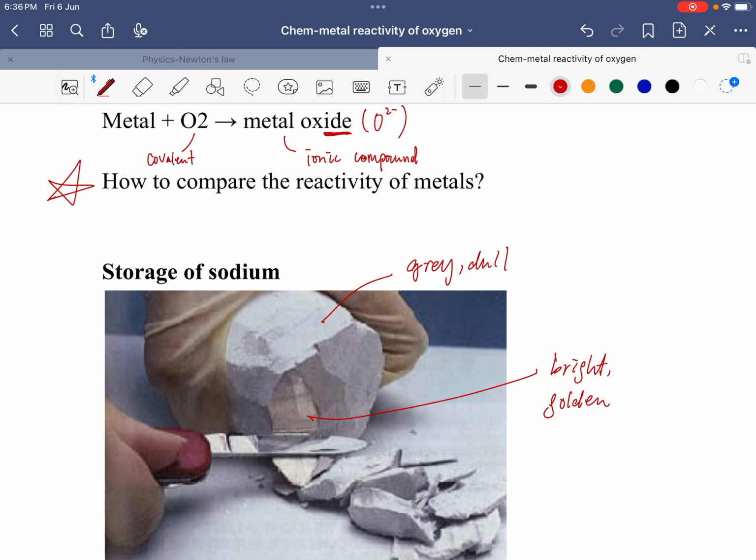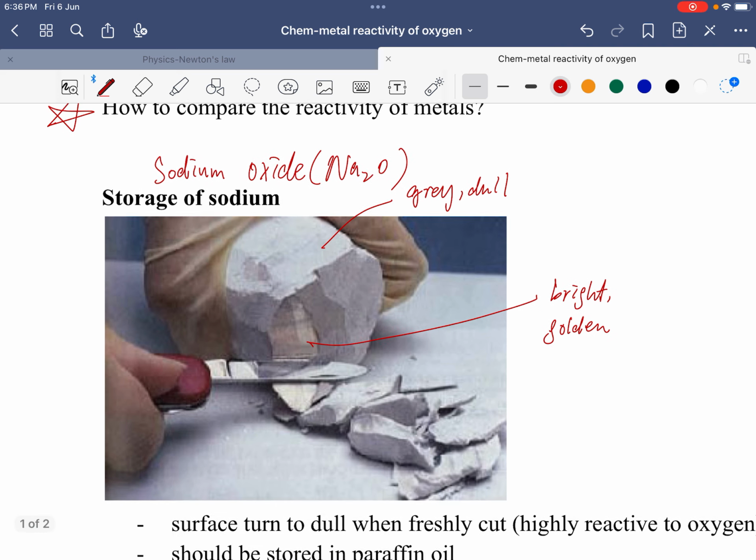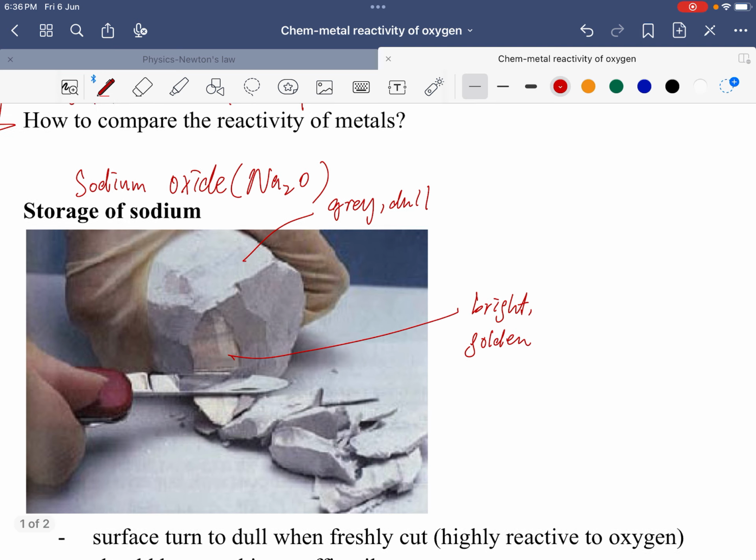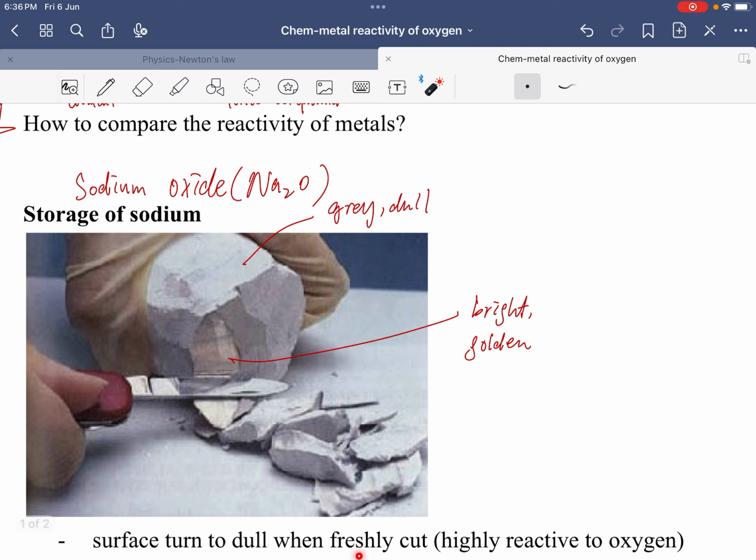So can you write down the formula of sodium oxide here? Yes, sodium oxide is Na2O. Here it just describes it more: the surface will turn dull when freshly cut because of its high reactivity to oxygen. After you have understood this reason, what way will you suggest to store sodium?